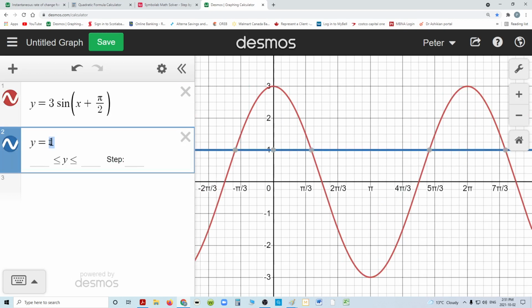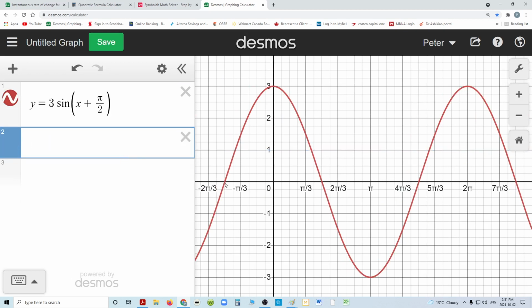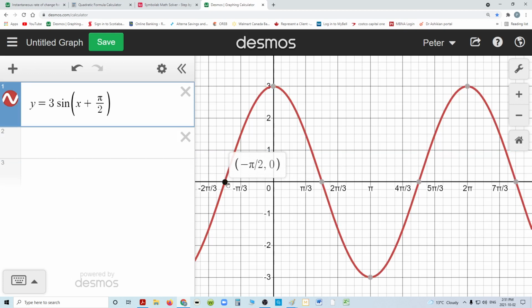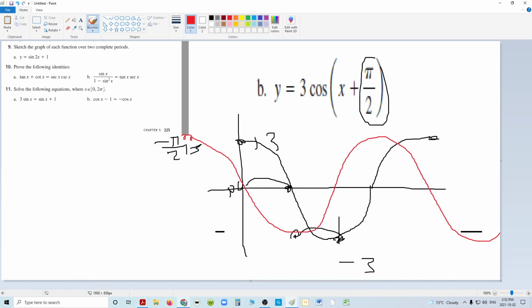And we're going to make the axis just at the 0. And sure enough, there's the start, there's the peak, there's the midpoint, there's the bottom, and notice all the x values have been shifted to the left by pi over 2. And notice the amplitudes are 3 and minus 3. It gets very easy to sketch these if you know the parent graphs really well.